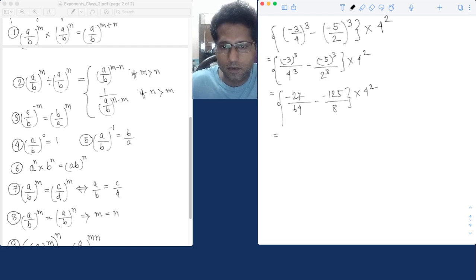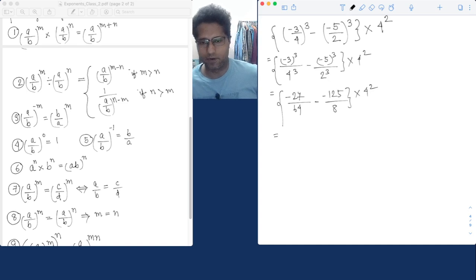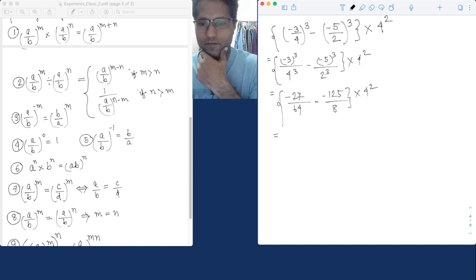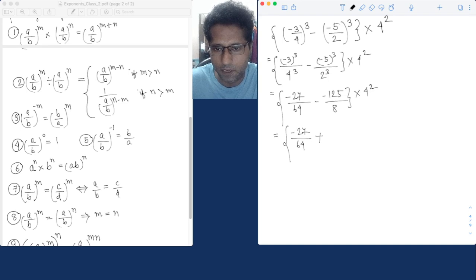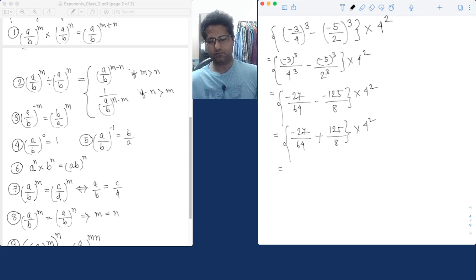Now we have to find the subtraction of two rational numbers, and we know that subtracting a rational number is equivalent to addition of the additive inverse of the rational number. So this is minus 27 by 64 plus the additive inverse of minus 125 by 8, that is 125 by 8, and this is multiplied by 4 square. Now this is the addition of two rational numbers. The denominators are different, so we have to first convert them to equivalent rational numbers with a common denominator, the LCM of the two denominators.